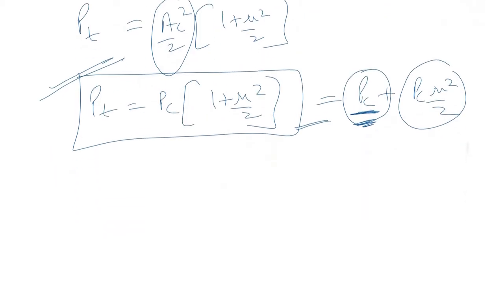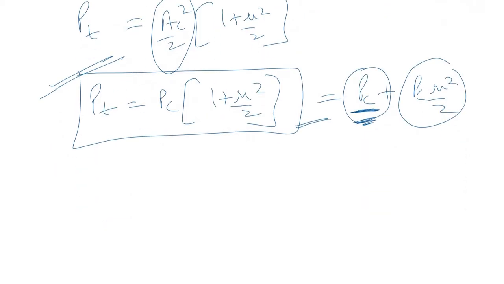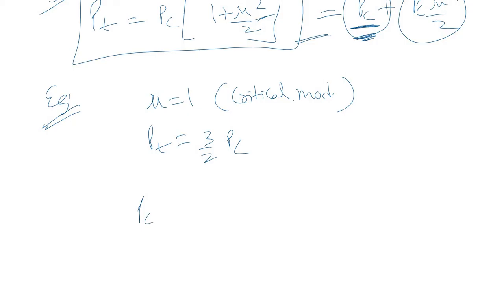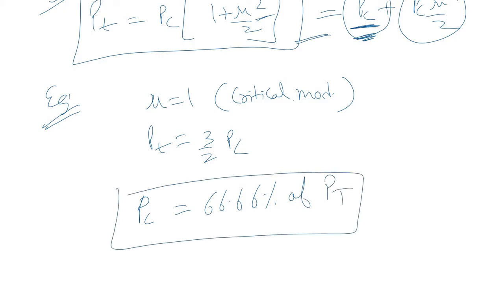Just to show you this numerically, let's take a very simple example and consider the best possible scenario of the modulation, that is mu equal to 1, which is critical modulation. So we know that if we substitute mu equal to 1 in this expression, we get PT equal to 3 by 2 of PC. So we know that the carrier power PC is 66.66% of the total power PT, isn't it?